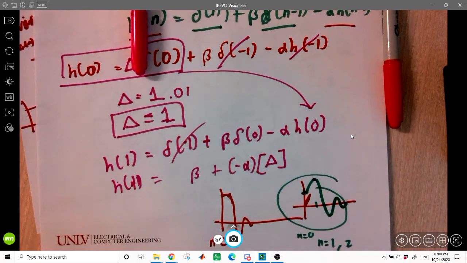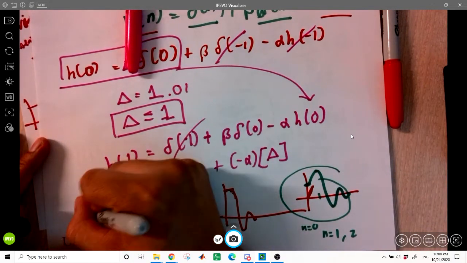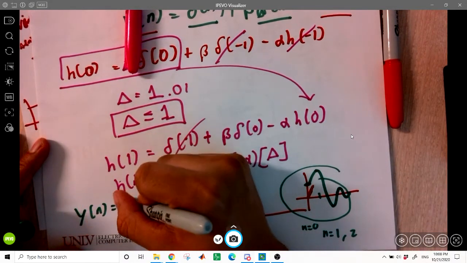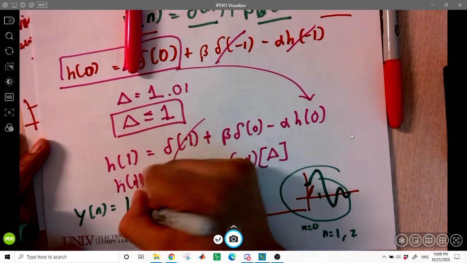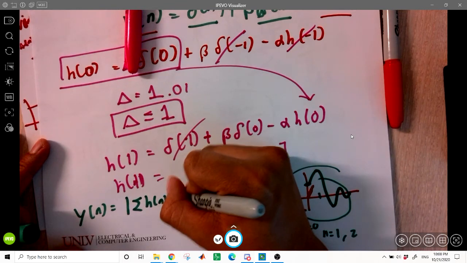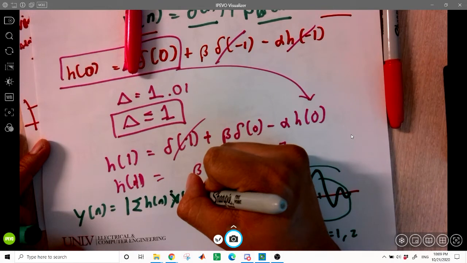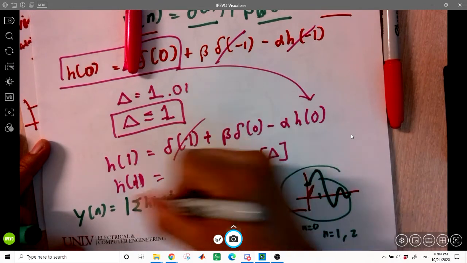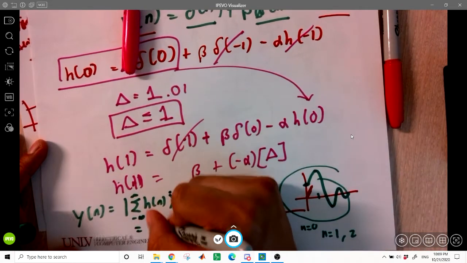You can also use the Schwarz inequality, which basically says y of n is equal to the sum from minus infinity to infinity of h of n times x of k minus n, I think that's it.